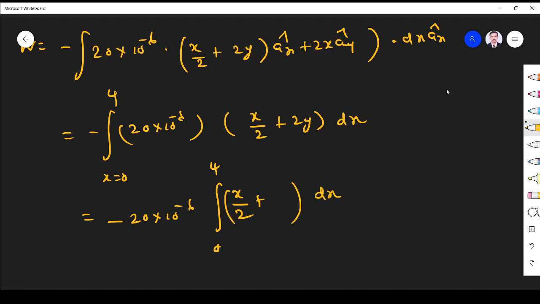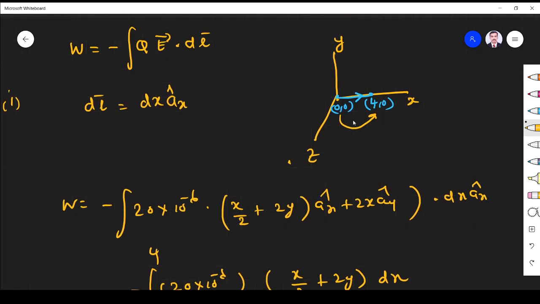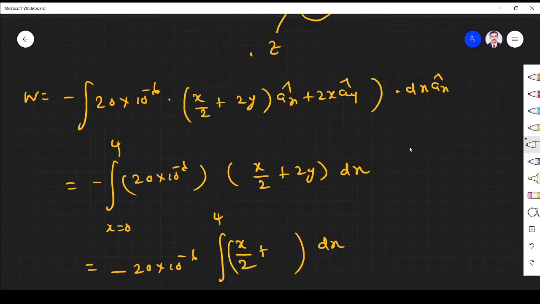From this problem we understand that this is the path our charge is taking. What is the equation for this line? It is the line y = 0, because everywhere y is 0. Wherever you go, y will be 0. So just 10th standard mathematics: y = 0.